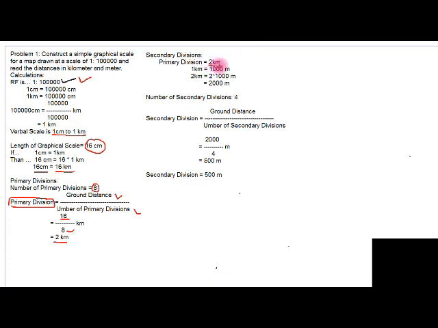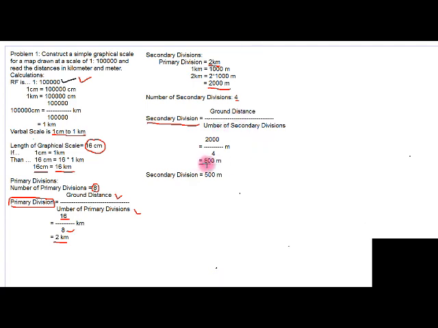In the same way, here we have secondary divisions. One primary division has 2 kilometer distance on the ground, that means 2000 meter, and here we decide that the number of divisions is 4.